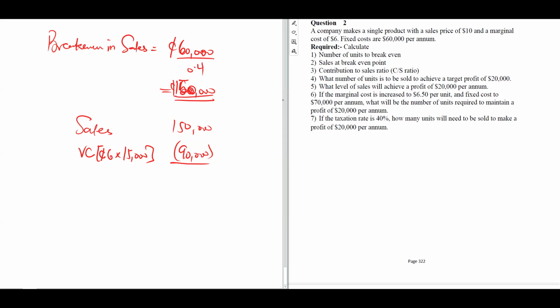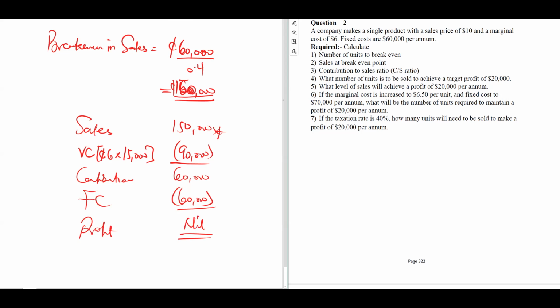You end up with a contribution of how much? 60,000, not so? Fixed costs also 60,000. You see that at our sales of 150,000, profit becomes what? Is it not nil?